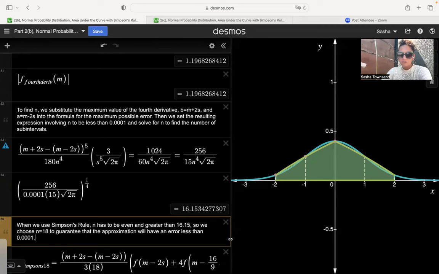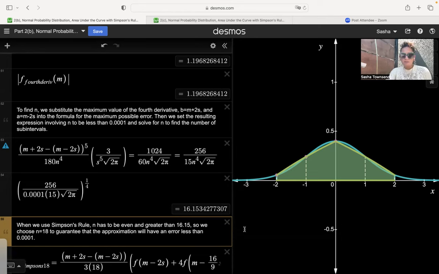So we've got that interval from the mean minus 2 times the standard deviation to the mean plus 2 times the standard deviation. So basically the length of the interval is 4 times the standard deviation, and we want to divide that by 18. 4 times the standard deviation divided by 18 is going to give us 2/9 of the standard deviation.